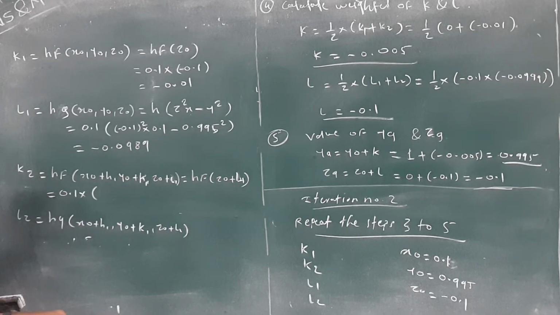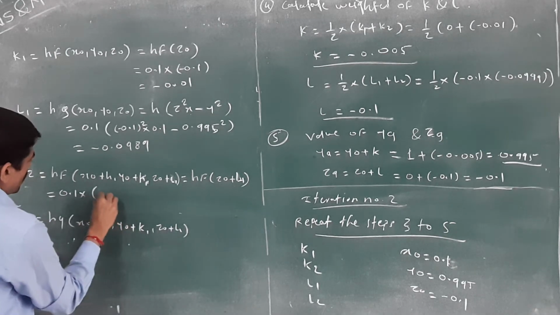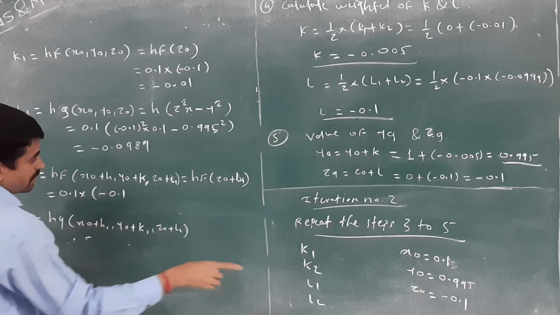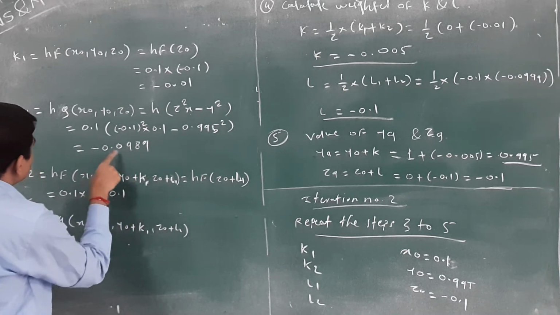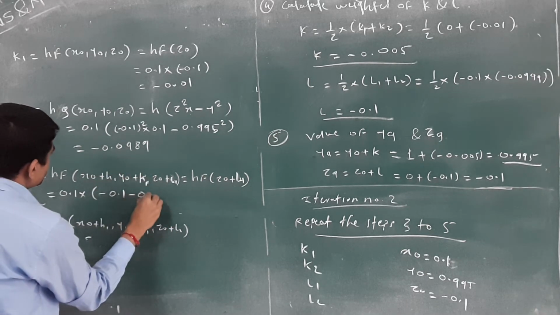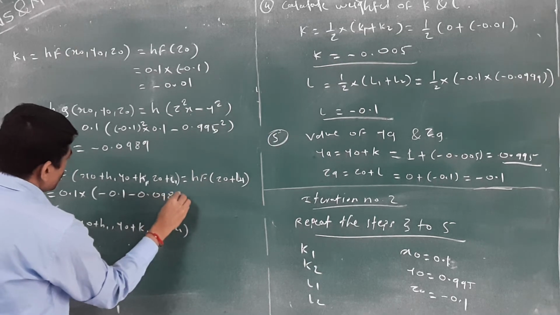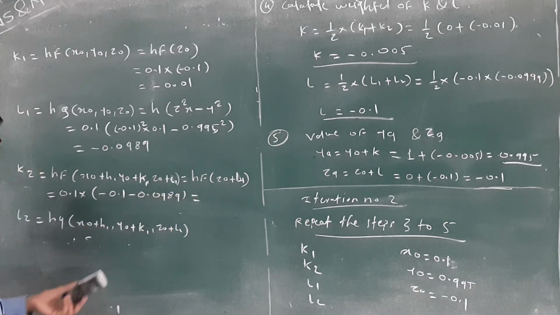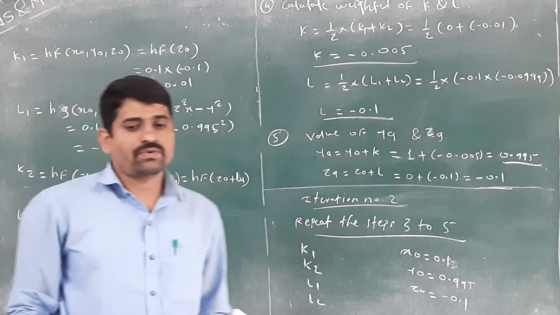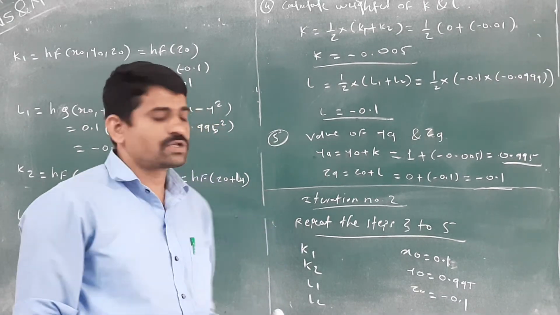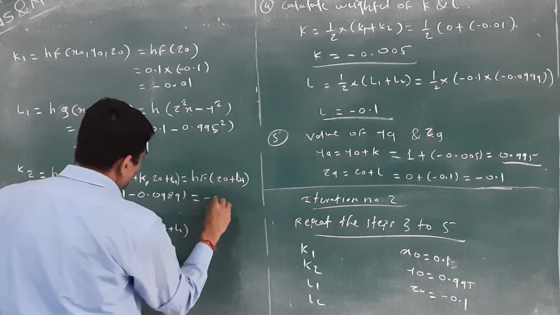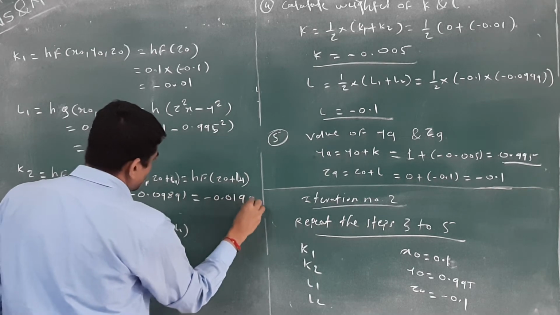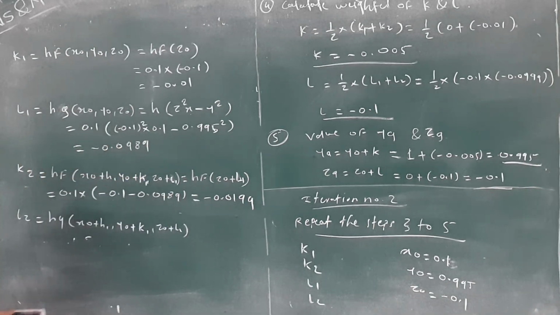What is the z0? Check that. Minus 0.1. You will get some minus value. K2 is equal to minus 0.0199. Okay.